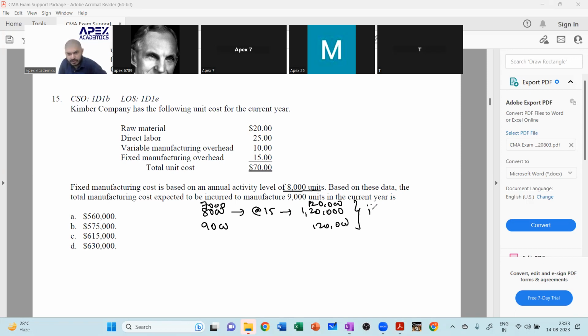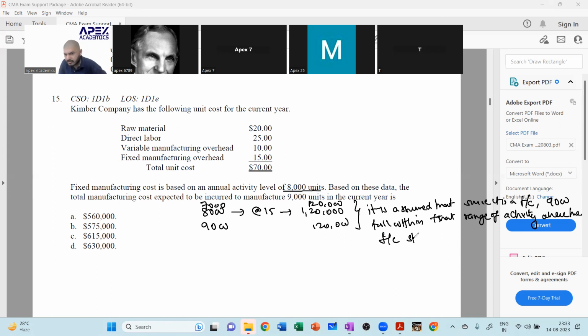Why? Since it is a fixed cost, it is assumed that 9,000 falls within that range of activity where the fixed cost stays unaffected.